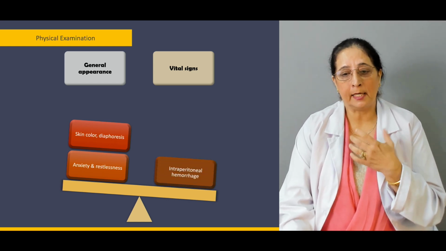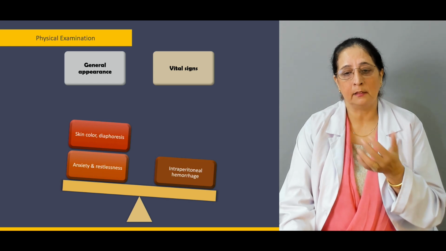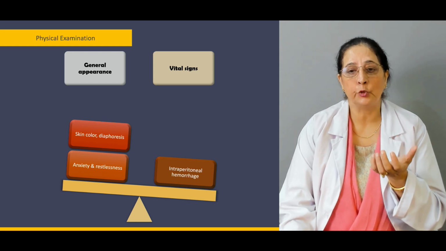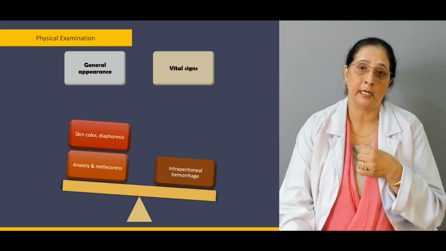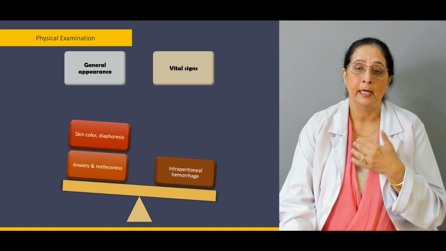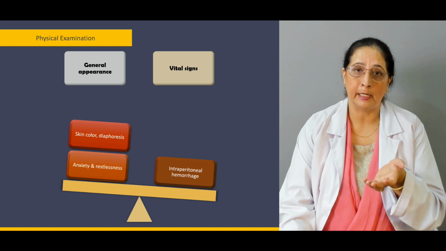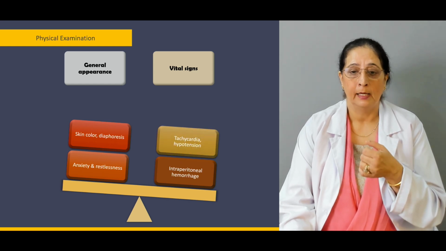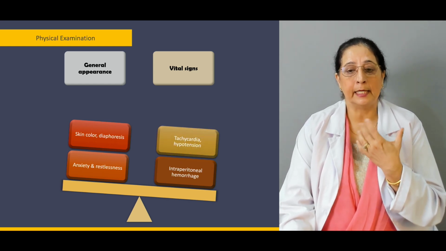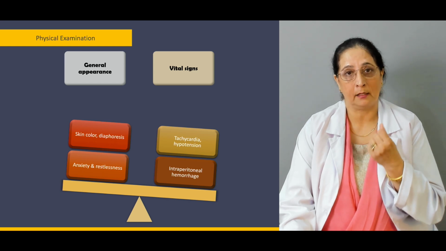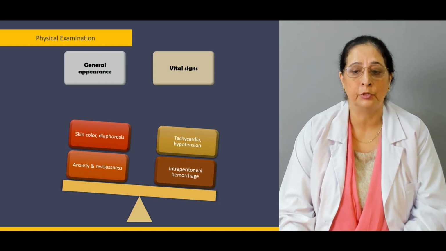Now, vital signs may be affected as a result of intraperitoneal hemorrhage, which causes decreased blood pressure, shock. There is tachycardia, a fast heartbeat, and there is hypotension.